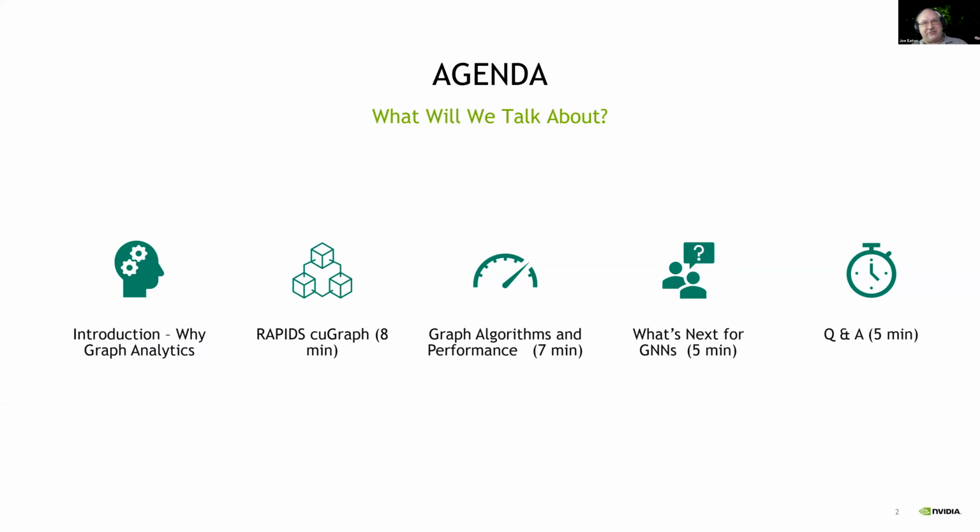How does CuGraph fit into Rapids? Half the time is going to be spent there. Seven minutes is going to be spent on the graph algorithms that we have and performance we're getting, including some Gunrock numbers, because we do use Gunrock inside of CuGraph. And then, how do we connect this into the emerging graph neural network ecosystem? And what benefit can we get from graph analytics in graph neural networks?